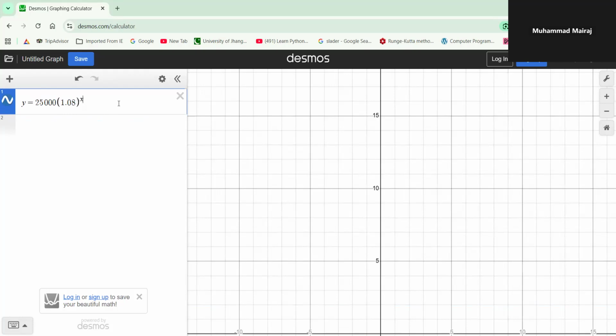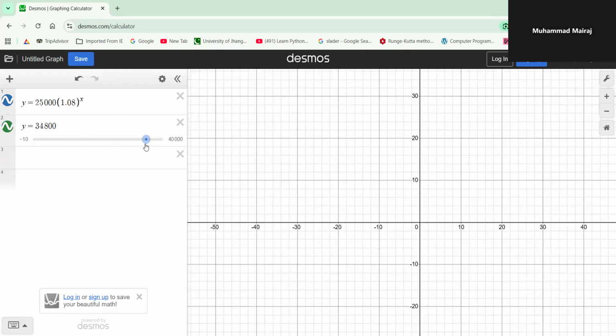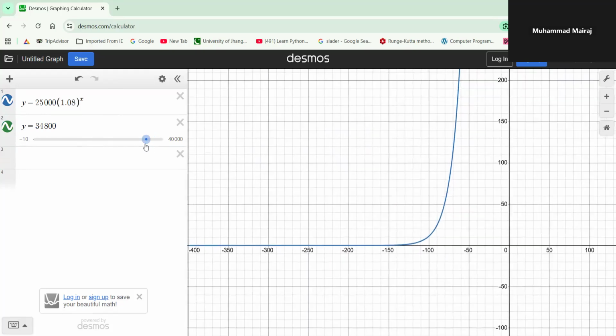And then we enter the target population. So approximately how many years will it take for the population to reach 40,000? So y equal to 40,000. Now Desmos will display an exponential curve, as you can see here.